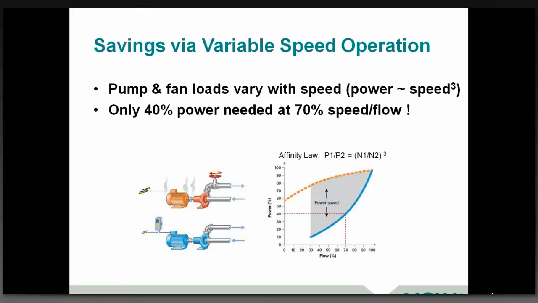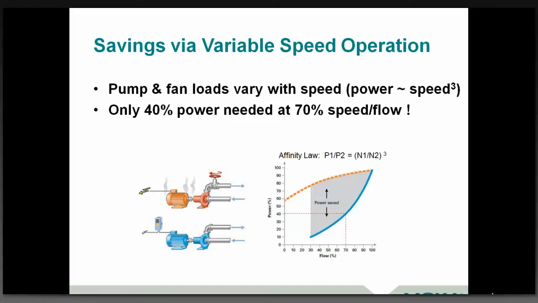So you've got that hockey stick effect, right? The takeaway for you is that if you can run your process at 70% instead of 100%, and reduce that speed or flow just a little bit, you can use about 40% of the power. And that is just a huge impact. A lot of people don't understand this basic thing that you can do.